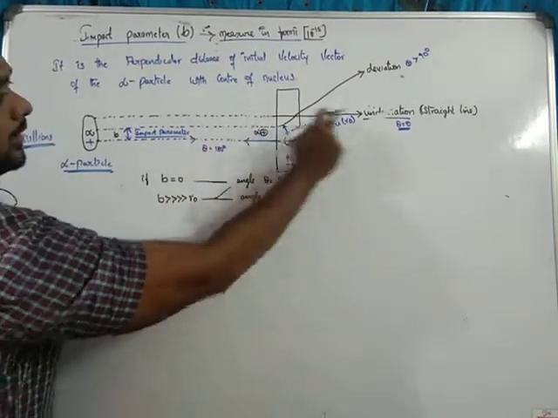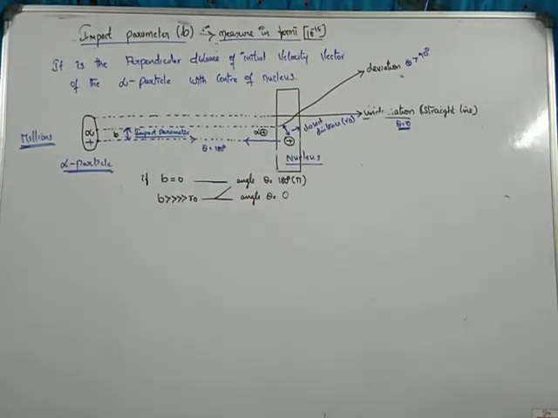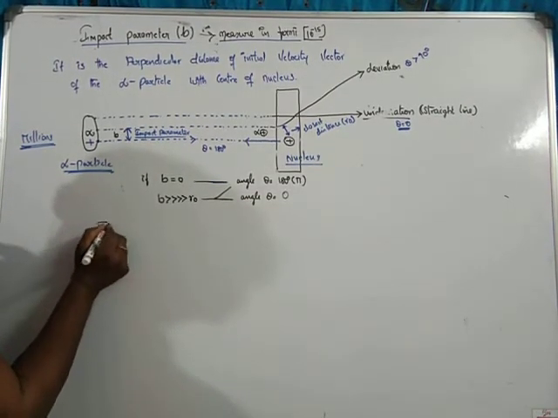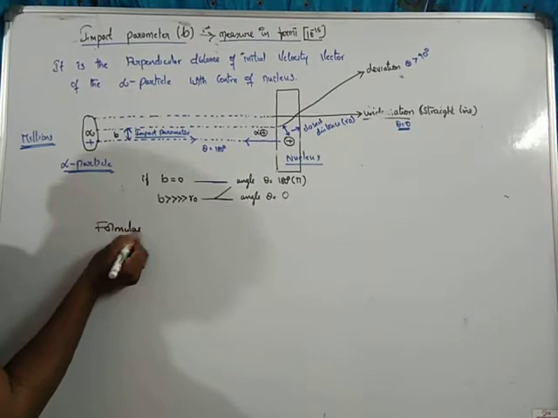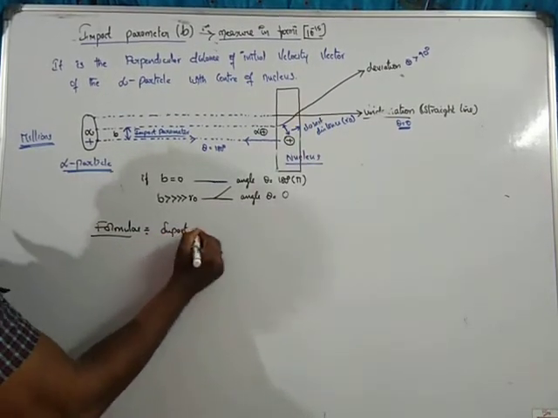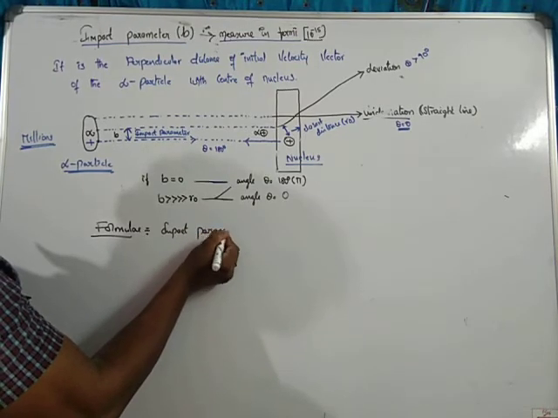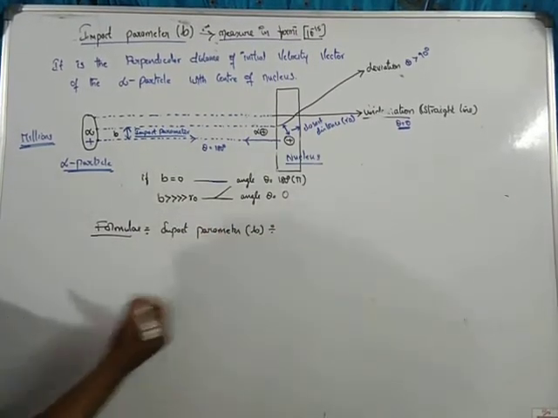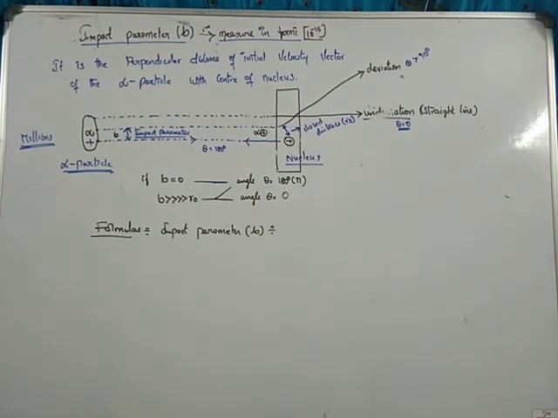Whenever it moves in a straight line, it will be 180 degrees. And here we have some formula for this, the impact parameter. It is not there in your syllabus, but just remember this.